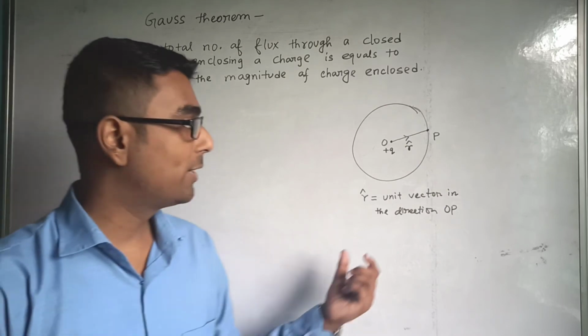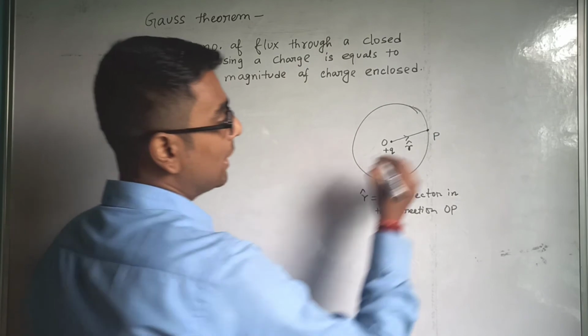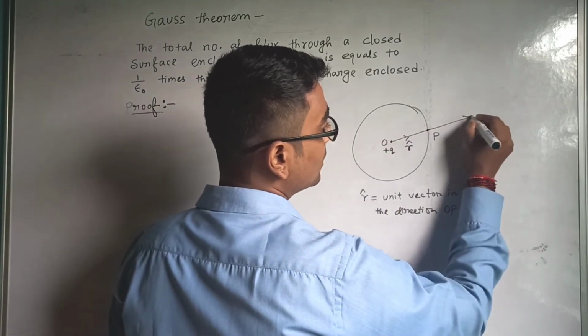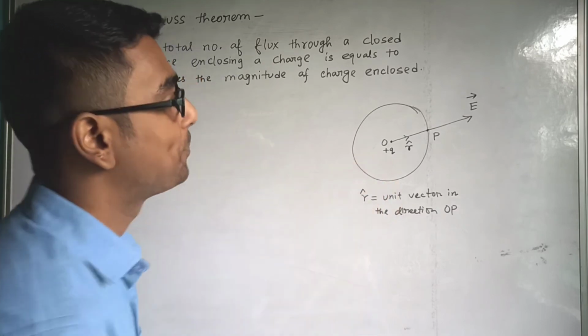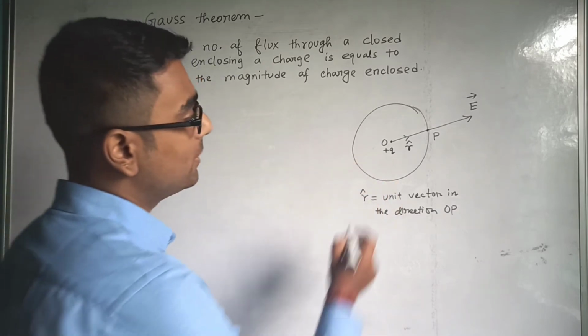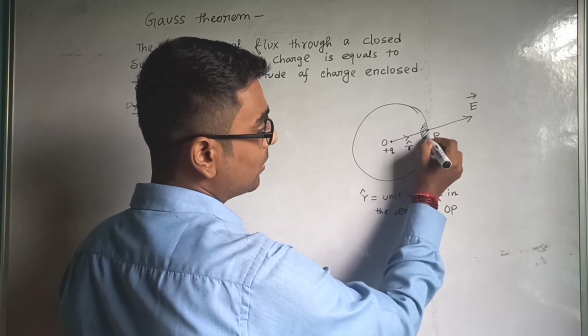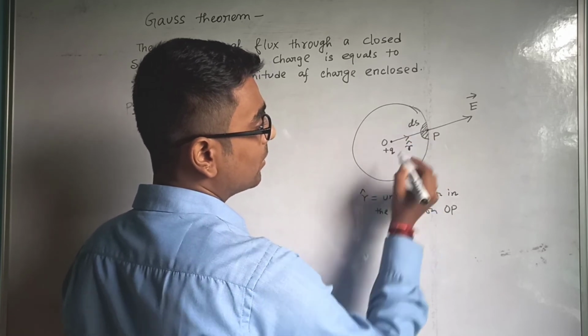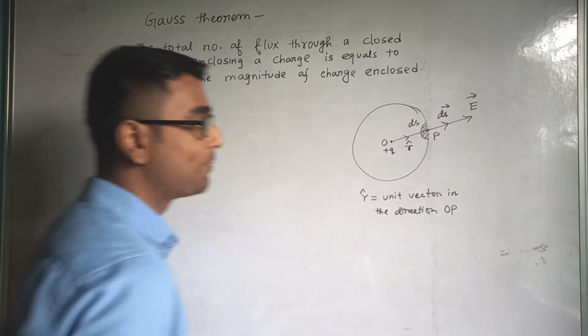As we all know, plus Q charge will always emit an electric field, and the direction of the electric field will be in this direction through P. If we consider a small area ds here, the direction of ds will be in this direction.